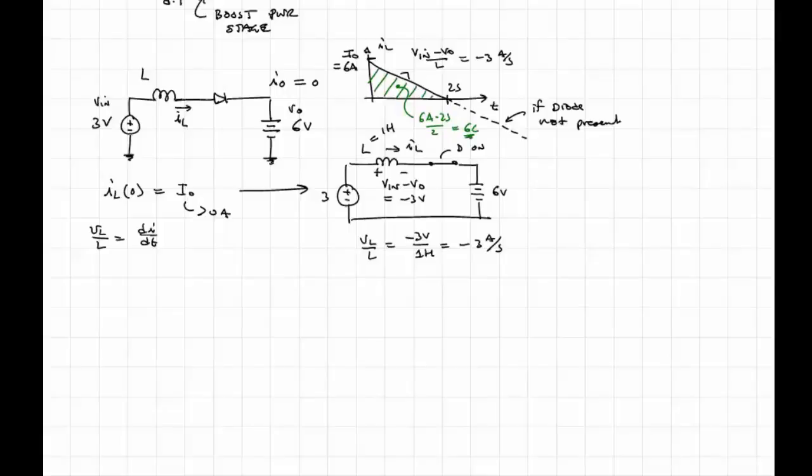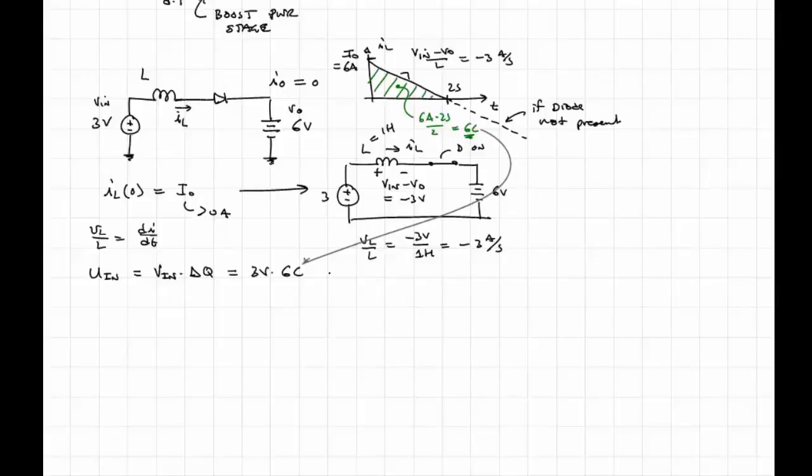Now, we can say the energy delivered by the input source is going to be equal to Vin times the amount of charge that was delivered, which is our 6 coulombs. That's coming from right here.